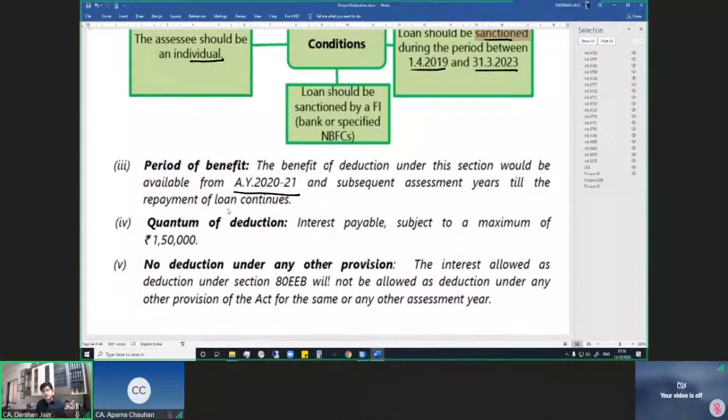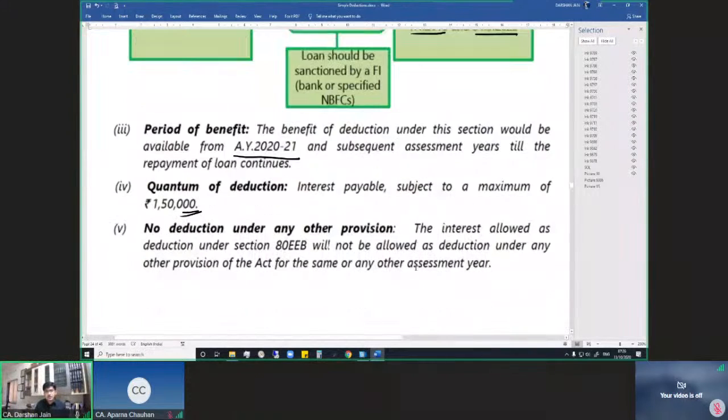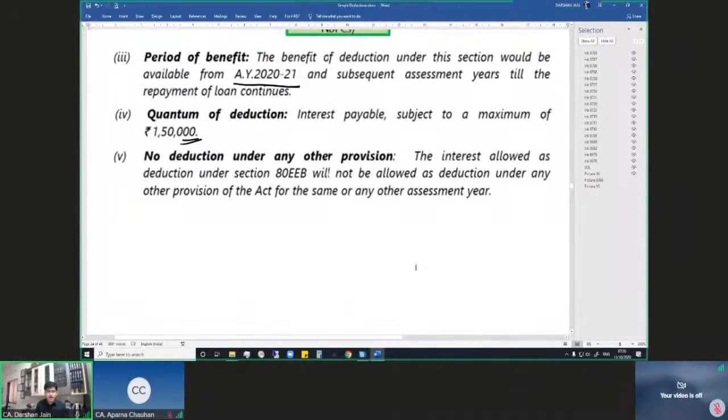So similar to 80EE or 80EEA, here also the deduction would continue until the time you repay the loan completely. Interest payable subject to a maximum of rupees 1,50,000. So you have got a cap here of 1,50,000. Not more than 1,50,000 could be claimed as deduction under section 80EEB.